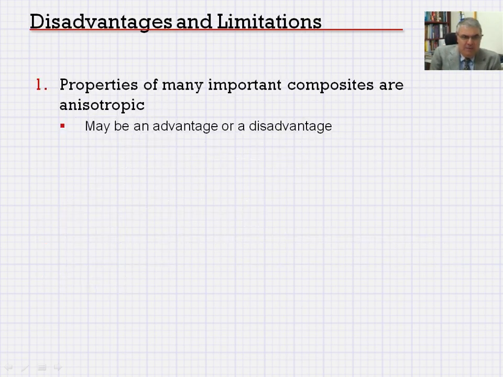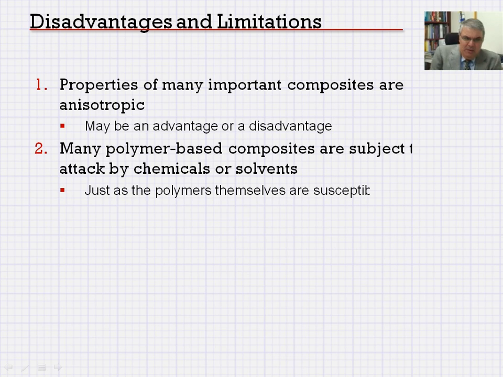As with any other material, there are also what I call disadvantages and limitations. Properties of many important composites are anisotropic. What do we mean when we talk about an isotropic material, and an anisotropic one? An isotropic material is a material whose properties are the same in every direction, when we model the material in 3D or 2D.